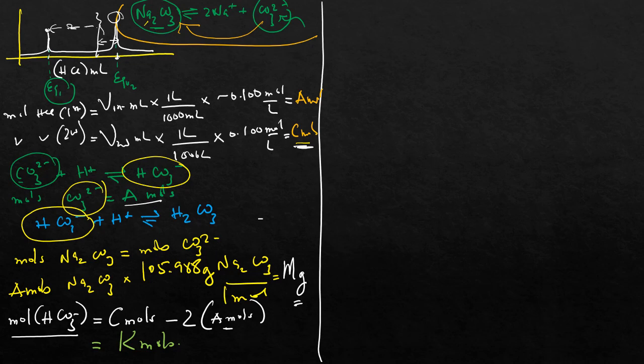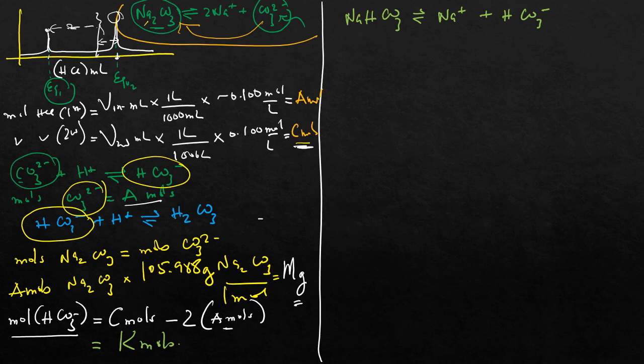So mass will be calculated in the same fashion because your bicarbonate, sodium hydrogen carbonate, is what you actually have in the mixture. So this is going to produce 1 sodium plus your HCO3 minus.